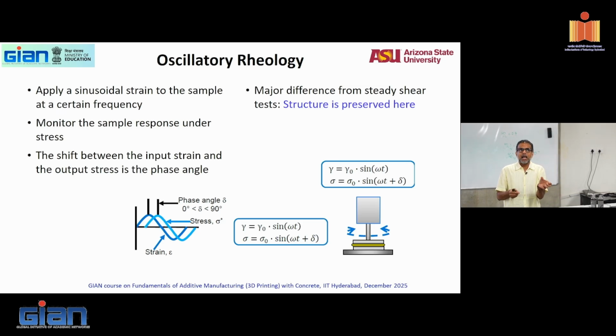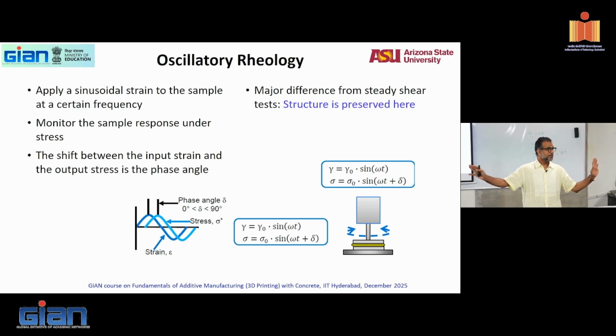That lag, also called the phase shift, is like the difference between DC and AC. If you remember your fundamental electrical class, the difference between voltage in DC and voltage in AC, right? You have a phase angle, a lag, between the input strain and the output stress. That is the phase angle delta. Therefore, stress becomes sigma naught sine omega t plus delta, right? So that is your strain, that is your stress.